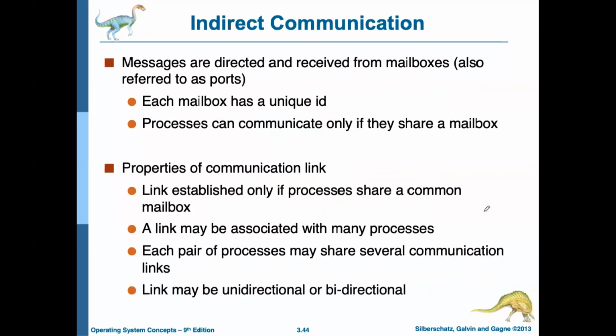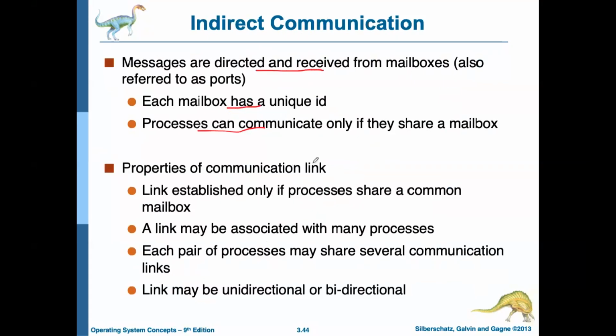All right. In indirect communication, messages are directed to and received from mailboxes, also referred to as ports. Each mailbox has a unique ID, of course. Processes can communicate only if they share a mailbox.